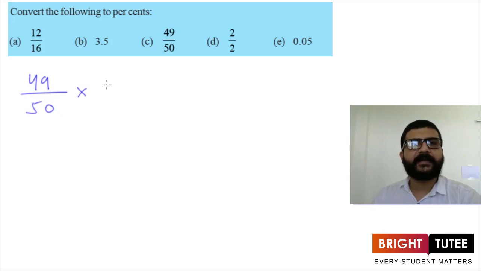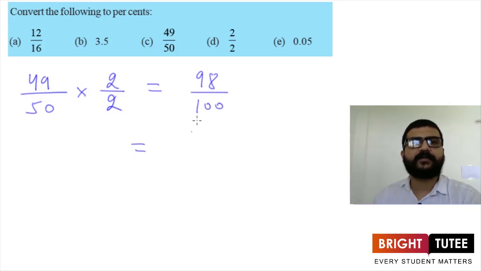So it will be 49 upon 50 into 2 upon 2. Why have we multiplied this with 2 upon 2? Because we know 50 into 2 will give us 100. So now this becomes 49 into 2, this is 98 upon 50 into 2, and that is 100. Now as we know, if in a fraction the denominator is 100, then the numerator will represent the percentage. So it is nothing but 98%.